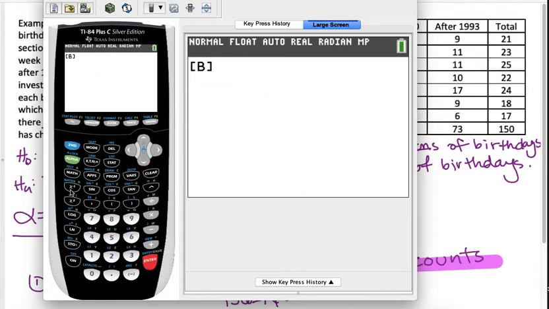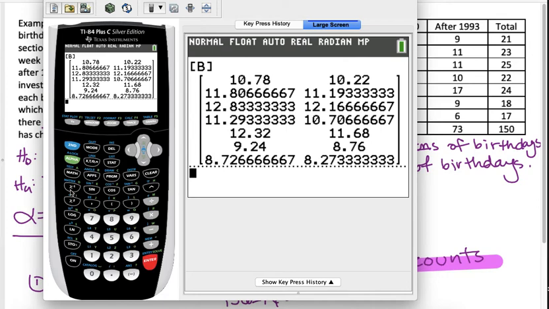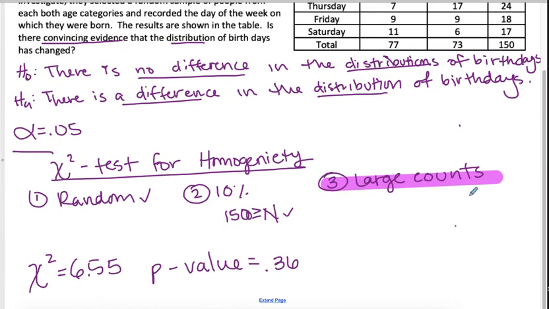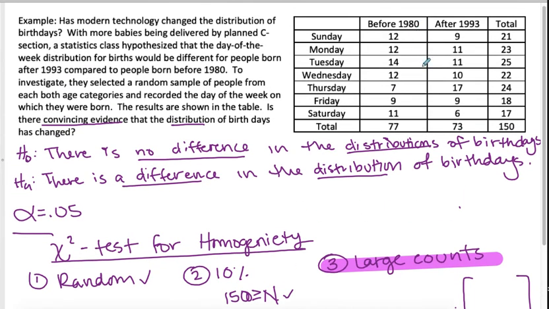So I just pull up matrix B and hit enter, and it's going to give me those values. We have to show either the table over here, or you can put it in next to the chart here, but we have to show that we've considered and checked our expected counts.